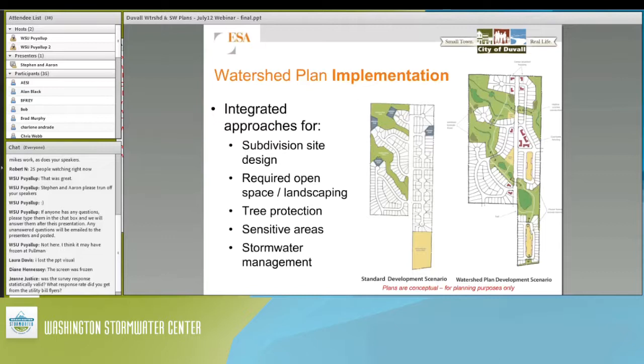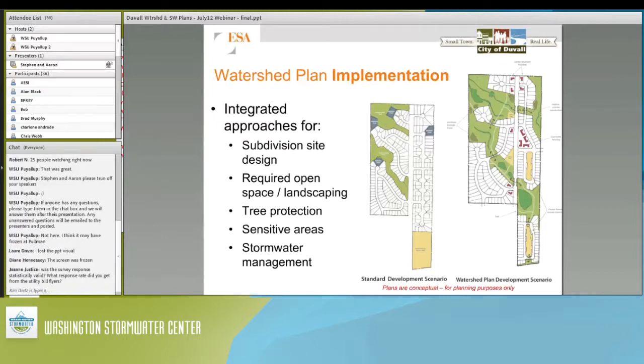And then the watershed plan development scenario on the right-hand side, there's a few things to highlight here. One is maintaining those connections, because the eastern portion of this North UGA is, I think, in group 2B, which is an area where a higher level of protection would be required. You'll see that that wetland impact that's shown in the standard development scenario disappears.